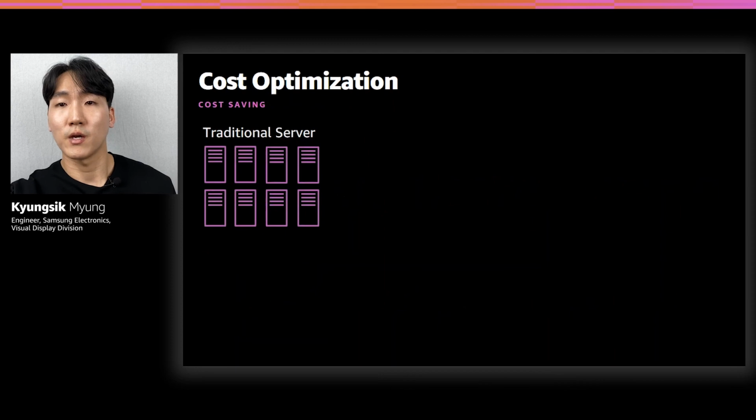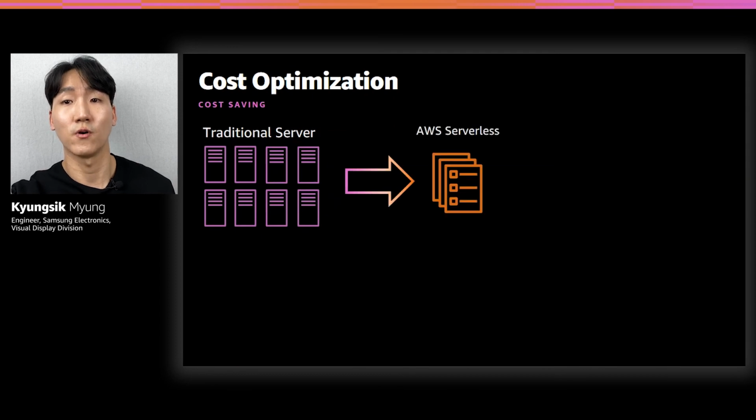We have talked about how our team worked to save costs. First of all, we migrated our services from on-premise to EC2-based ECS, and finally to Fargate. Then we utilized Fargate Spot and savings plan.